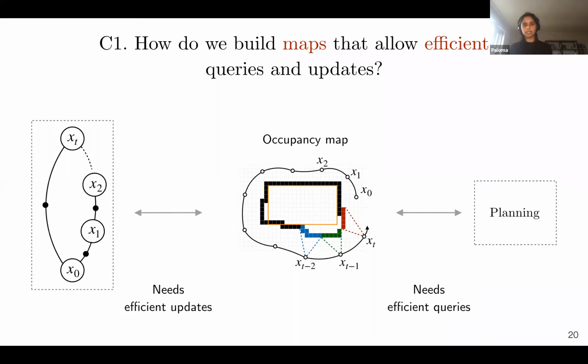Note that these maps in turn are used by downstream modules, such as a planning module. And this actually poses two competing demands on the map. The SLAM module demands efficient updates so that whenever the graph optimizer computes new solutions, it doesn't have to recompute this map from scratch, while the planning module demands efficient queries so as to be able to get free space information efficiently.